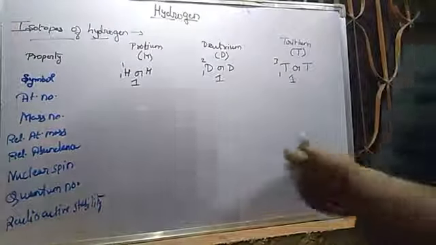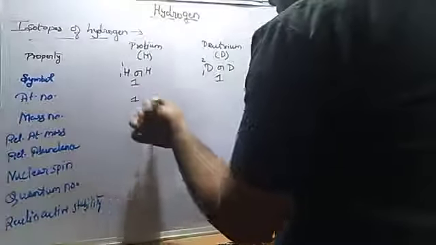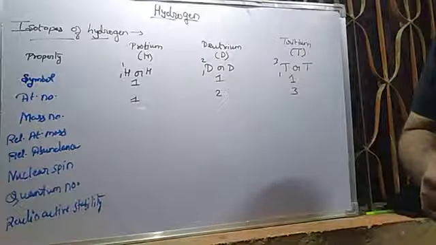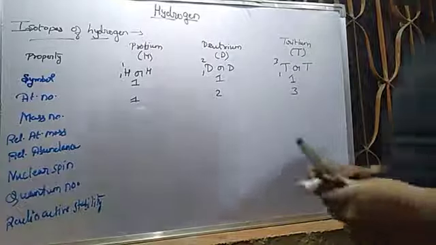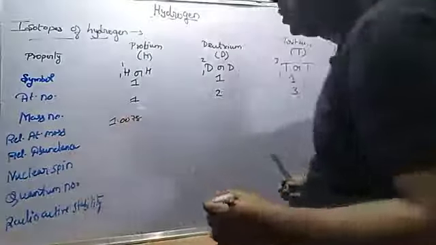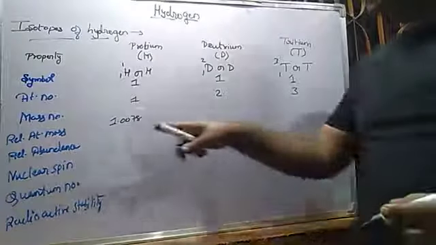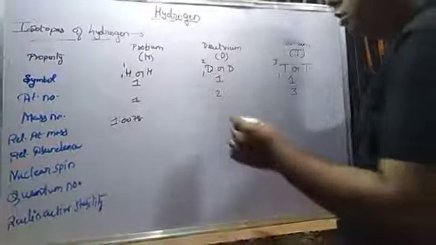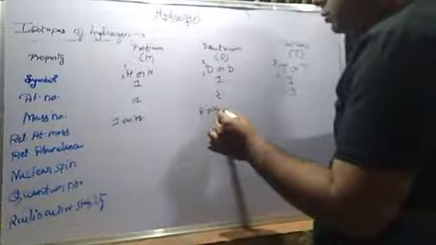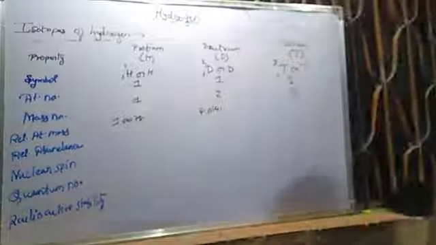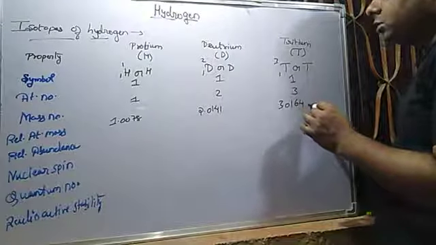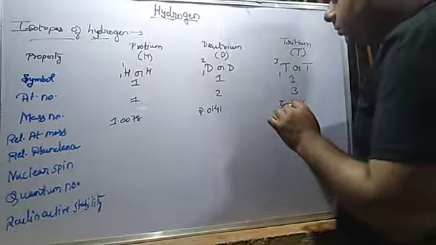Then comes the mass number. The mass number for protium is 1, for deuterium is 2, and for tritium it is 3. Relative atomic mass: for protium it is 1.0078, which is taken as 1.008. For deuterium it is 2.0141, and for tritium it is 3.0160.